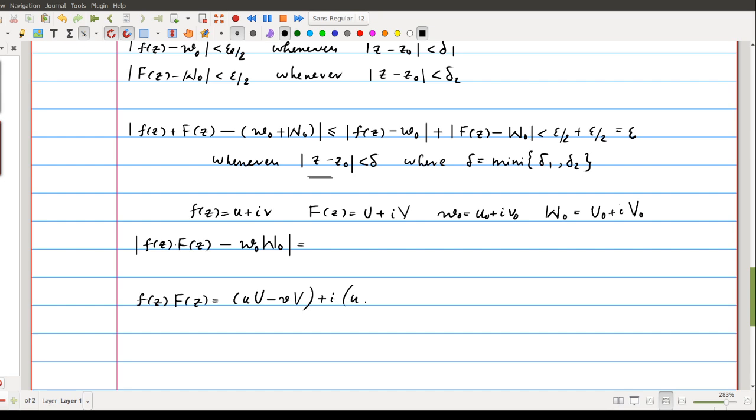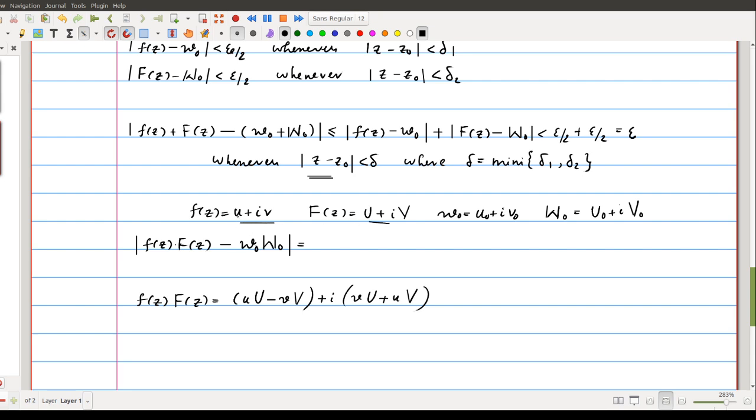This is obtained by term by term product.